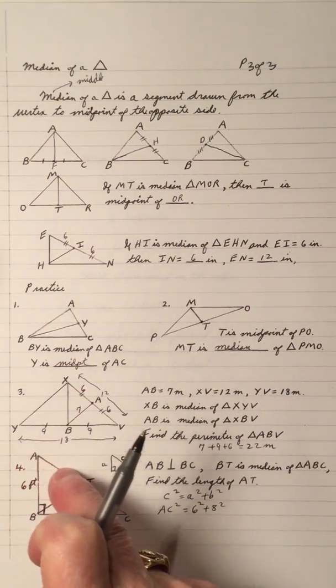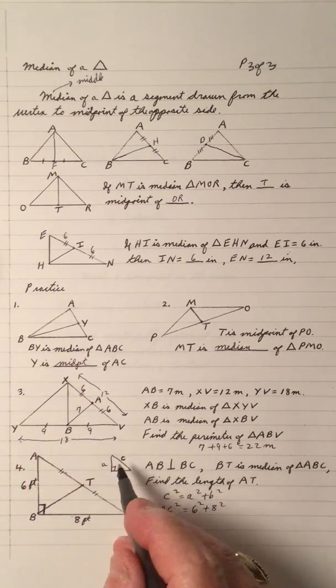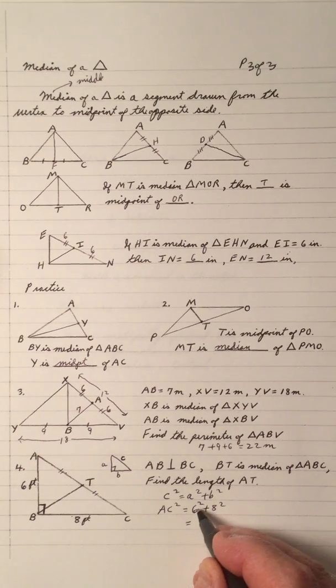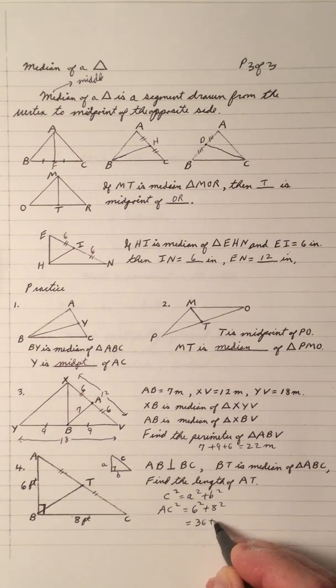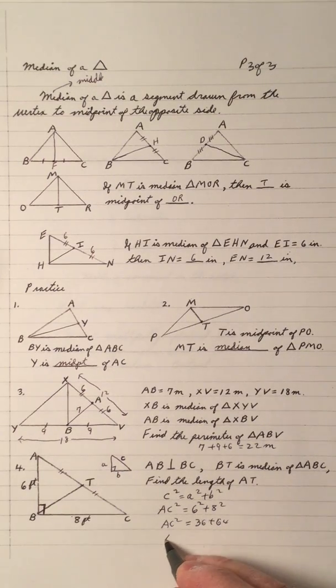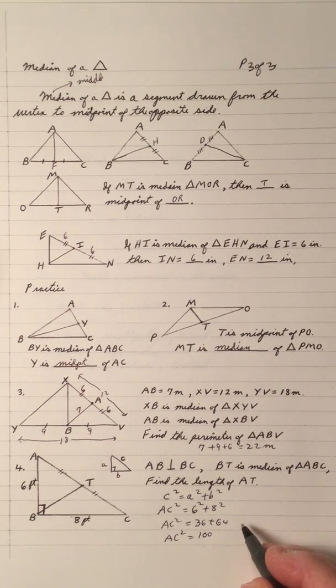But notice this is the C. So I call AC the C that's in this triangle here. So we have 6 squared is 36. 8 squared is 8 times 8 is 64. Okay, done. That means that AC squared is equal to 100 when you add them up.